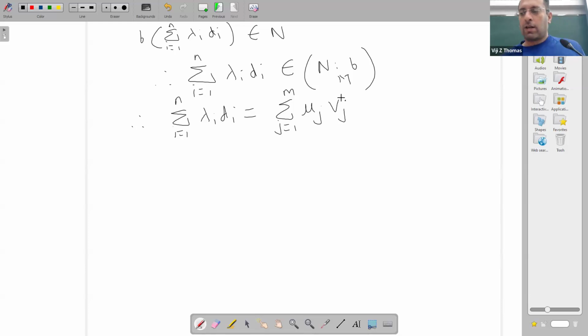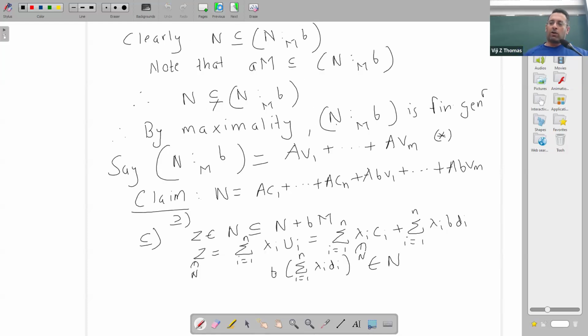What does z become? We started with z. Let's go back. z was written as summation lambda i c_i plus this summation. And summation i equal to 1 to n lambda i d_i is now summation j equal to 1 to m nu_j v_j.